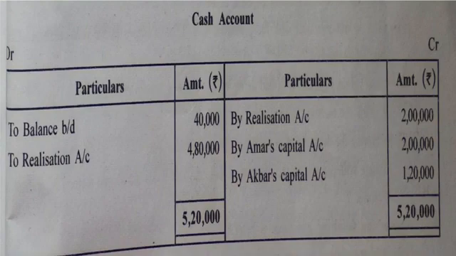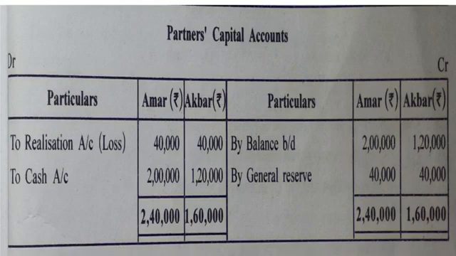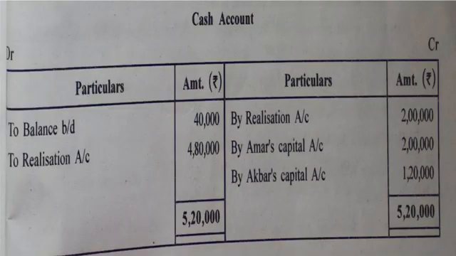And this is the second effect for the payment of cash to partners. Here, to cash. By Amar's capital account 2 lakh, by Akbar's capital account 1,20,000. Because we have prepared partner's capital account and also cash and bank account, the related effect will appear in both the accounts.